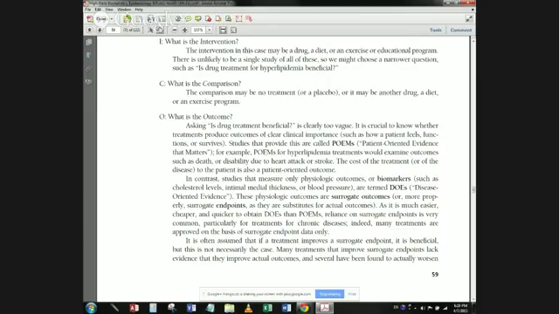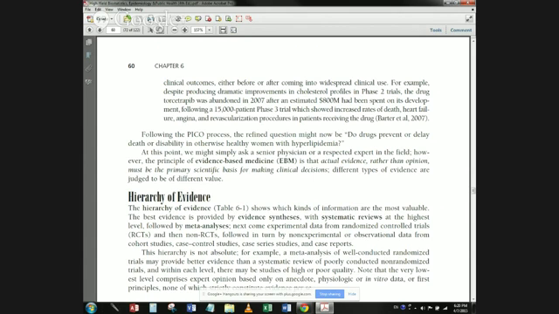It is often assumed that if a treatment improves a surrogate endpoint, it is beneficial, but this is not necessarily the case. Many treatments that improve surrogate endpoints lack evidence that they improve actual outcomes, and several have been found to actually worsen clinical outcomes, either before or after coming into widespread clinical use.